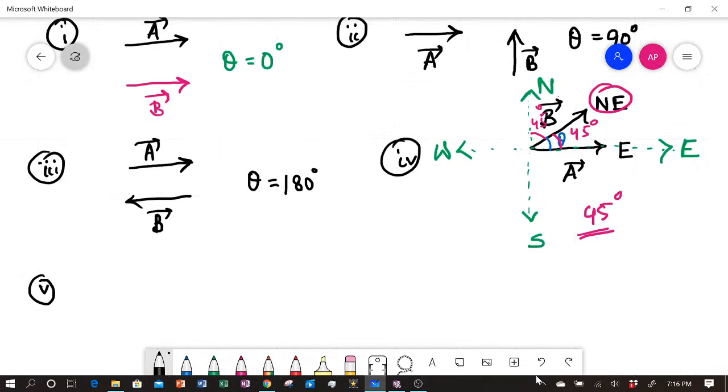Okay, Ravi Shankar. Is it clear why it would be 45 degree? Why it is not AB cos theta or cos inverse AB? Is it clear? When it is mentioned that B vector is along northeast direction, then you can directly take it as theta equal 45 degree.